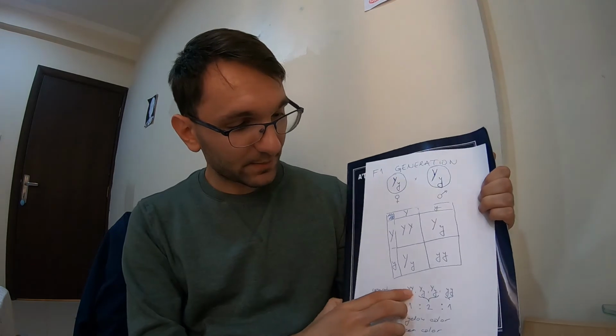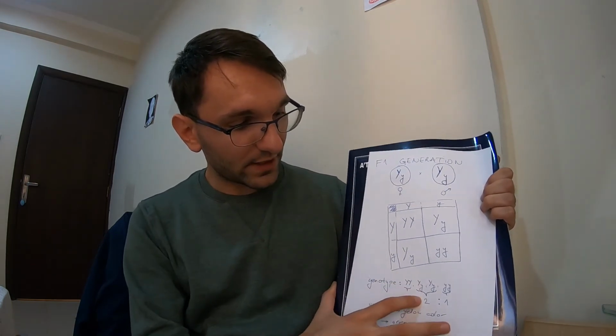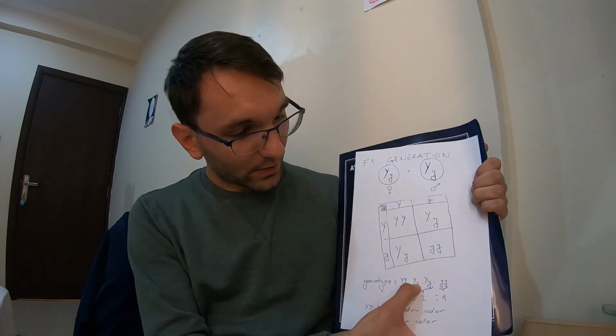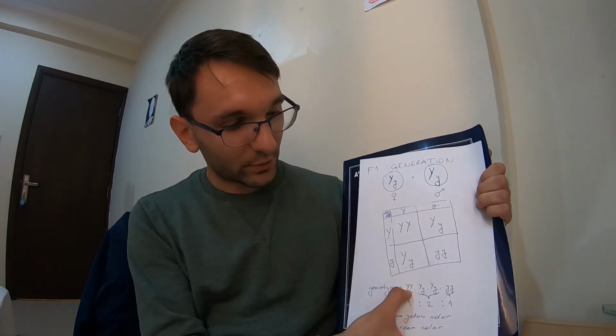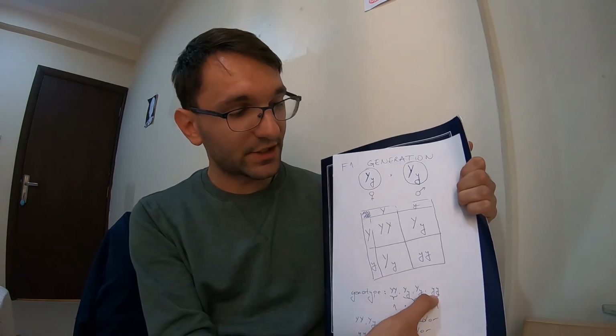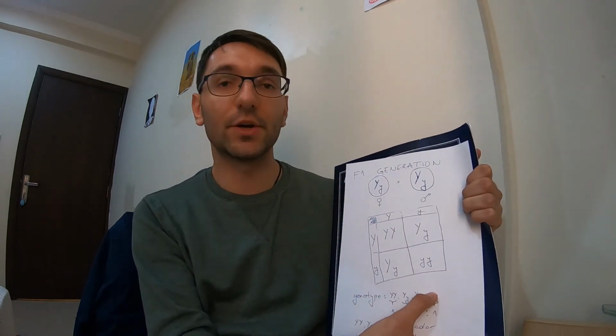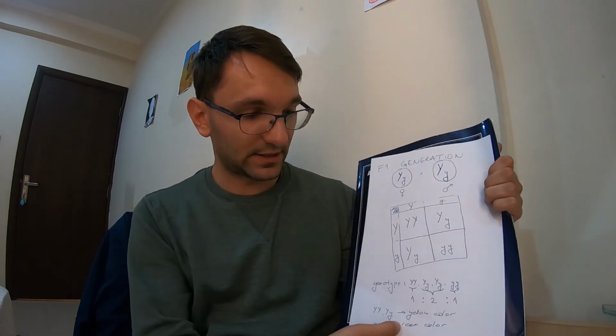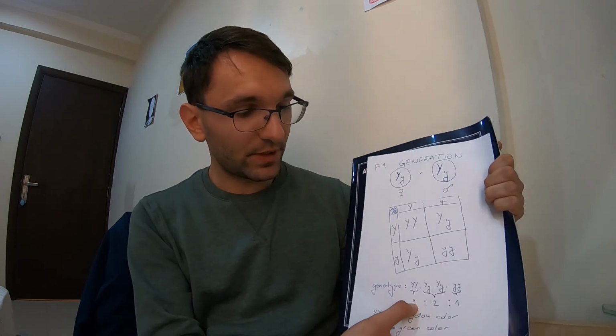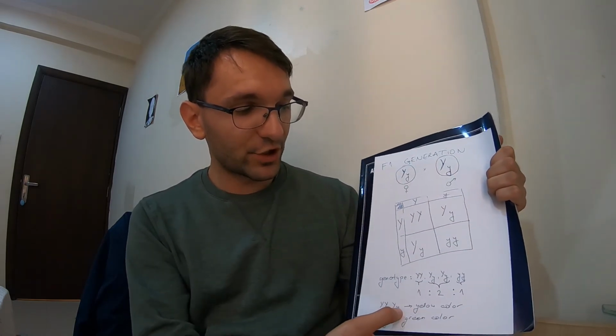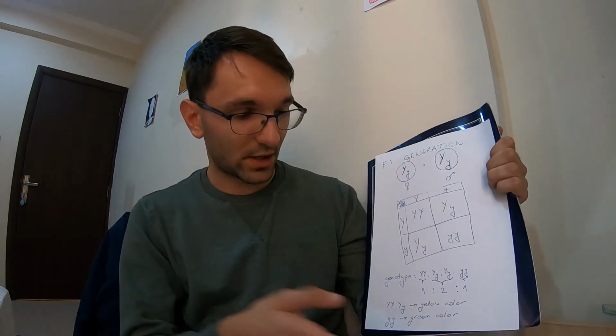You will get the genotypes: 2 capital Y, one capital Y. So this one will be yellow. These two in the middle are also going to be yellow because yellow is dominant, and this one will be green because there is no yellow to mask the green color. There are only 2 green alleles. So the ratio of genotype is going to be 1:2:1, but the ratio of phenotype is going to be 3 versus 1.